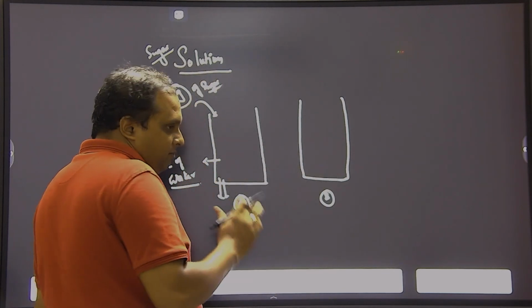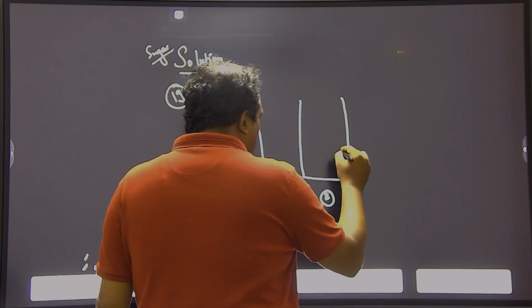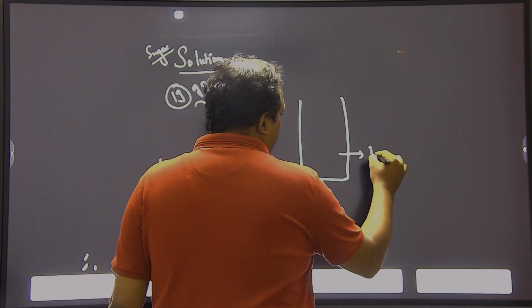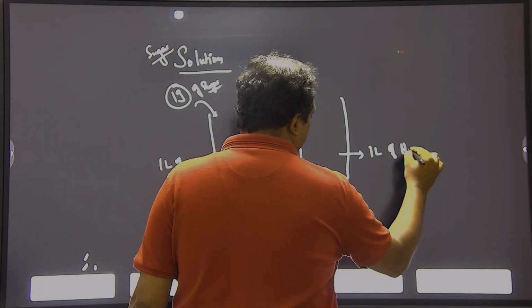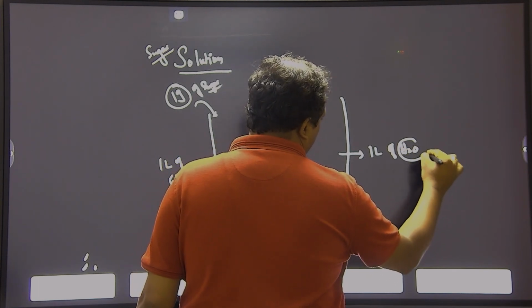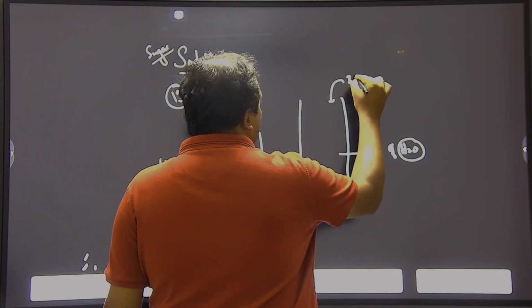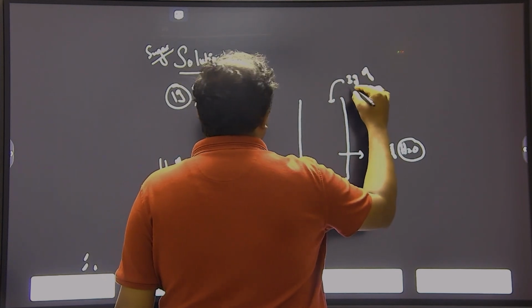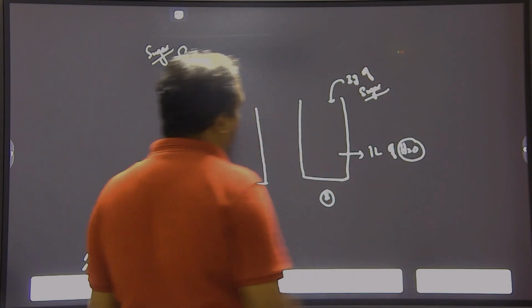Now, how about B? I have taken one more vessel, B. I'm going to take the same volume of solvent, that is 1 liter of water, H2O, which is the chemical formula for water, into which I am adding 3 gram of sugar.